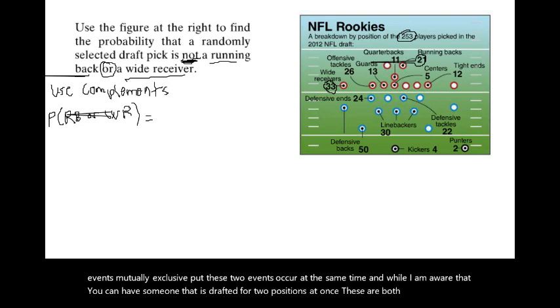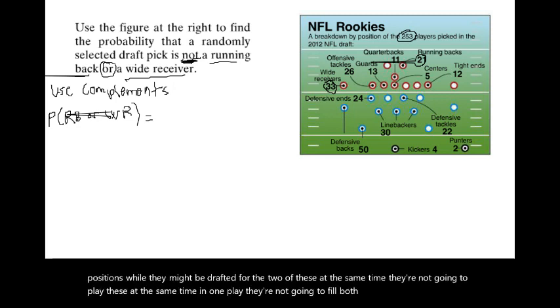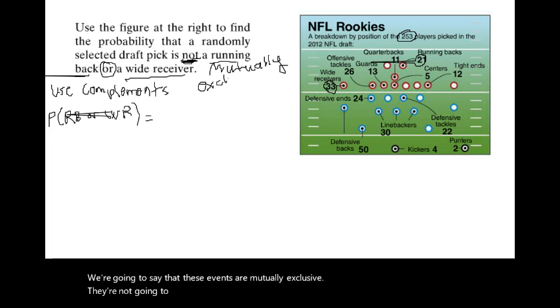While they might be drafted for the 2 of these at the same time, they're not going to play these at the same time. In one play, they're not going to fill both roles. So we're going to say that these events are mutually exclusive. They're not going to play both of them at the same time in any given play.